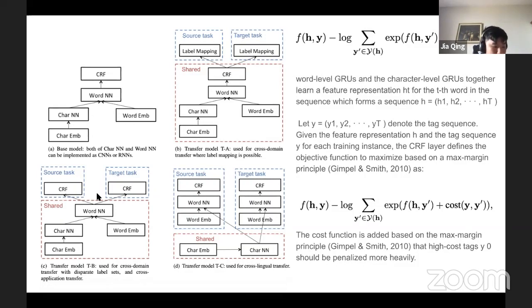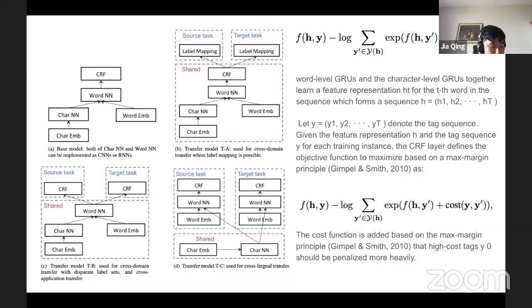And then we also consider the scenario of cross-application transfer. Cross-domain is where you have sub-languages, like very domain-specific kinds of languages. Cross-application is a different application task that you are dealing with.